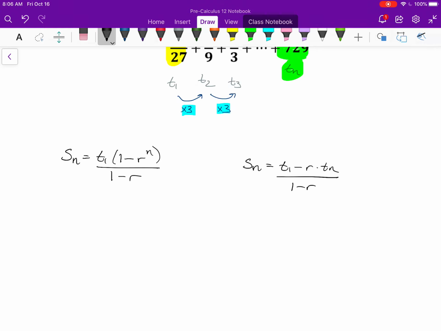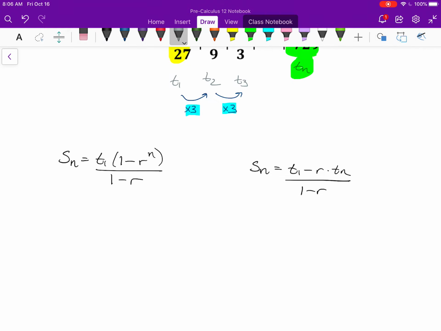OK, so if I look at the first equation right here, at some point I need to find n, the number of terms.